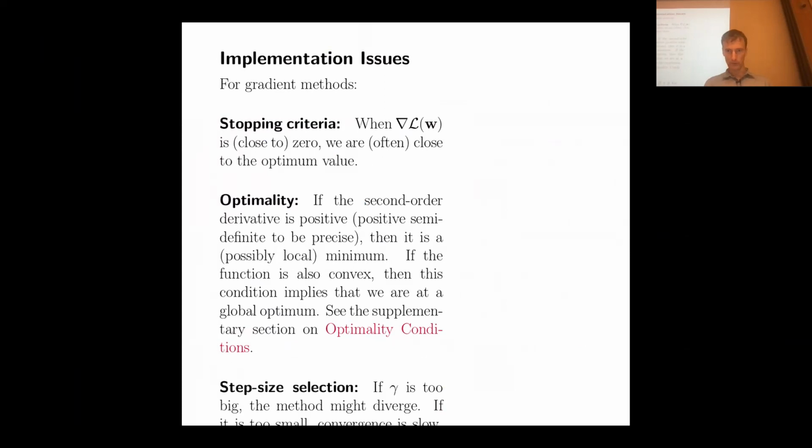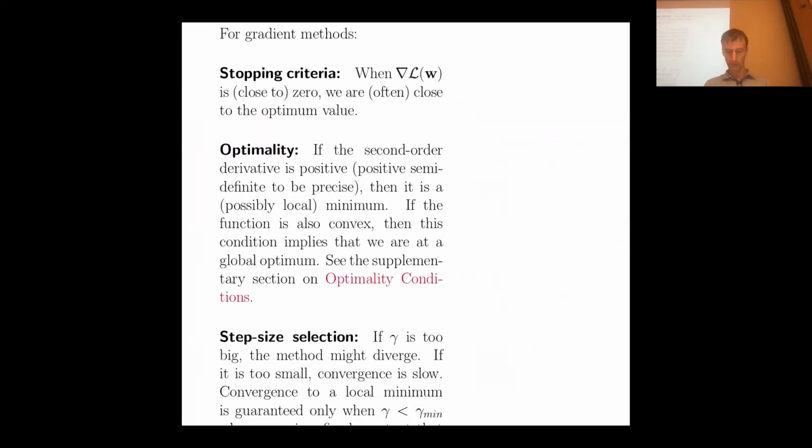I want to finish by quickly telling you about when we should stop when we do gradient methods. Let's look at an example. I think this is maybe even more important than the thing with constraints.